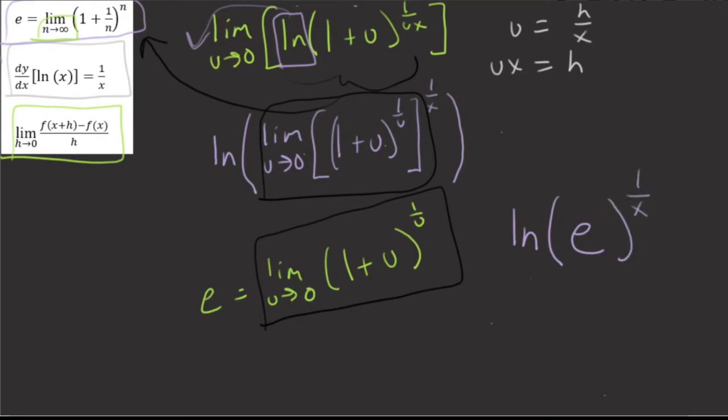And if you remember, ln and e are inverses of each other. So these two are going to cancel out, leaving us with just 1 over x. And that is the proof of how we could find that with the limit of the difference quotient.